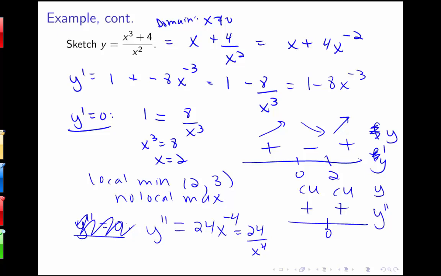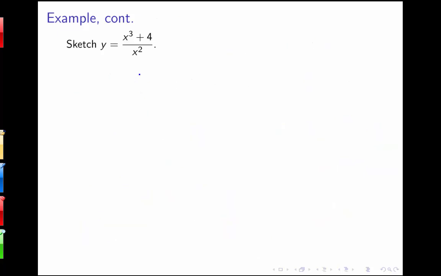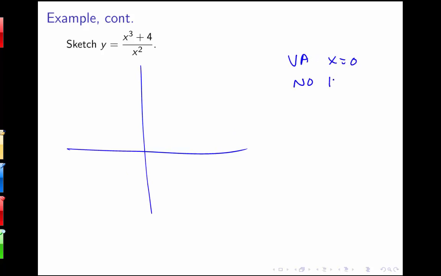Okay, so we need to put this information all together and sketch a graph. Remember our asymptote information: we've got a vertical asymptote at x equals 0, we have no horizontal asymptotes, and we have a slant asymptote at y equals x. So we can draw y equals x here. I've got this vertical asymptote at x equals 0, so I'll draw that.